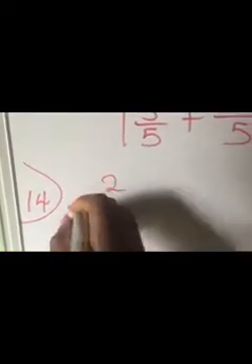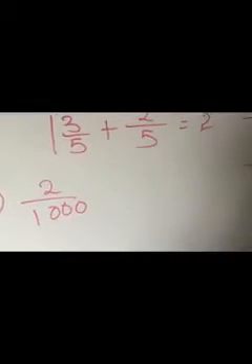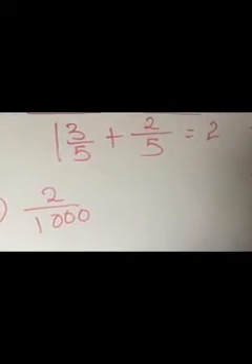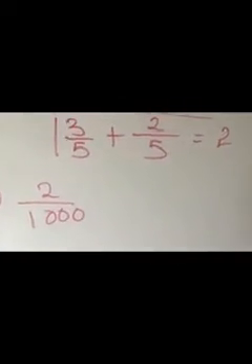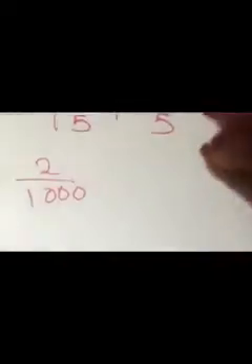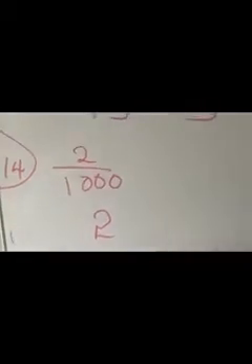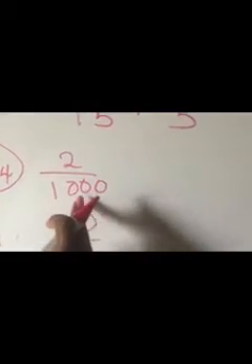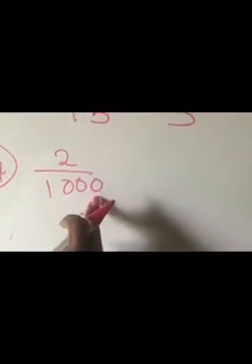2 over 1000. Express 2 over 1000 as a decimal. So whenever you are given this number, whether it's 2 or any other number, as long as it is 1000 here, or probably 100 or 10,000 or 1 million, we just write the number here, and this is how many zeros? This is 1000. So it's how many zeros? 3. 1, 2, 3.